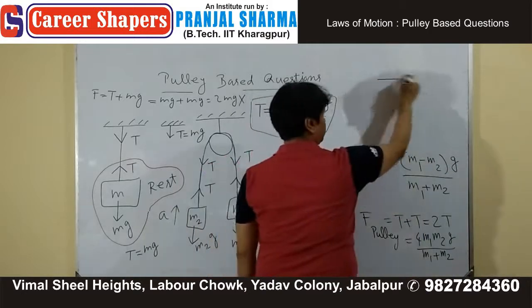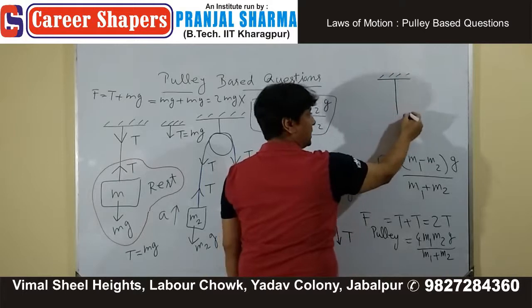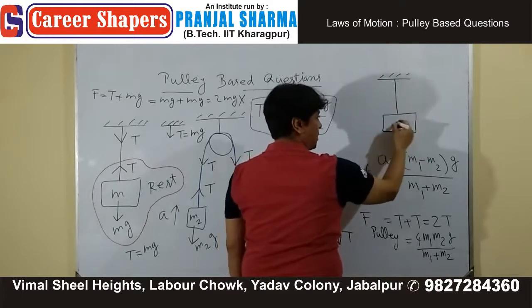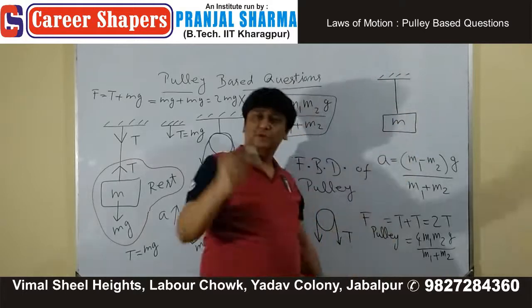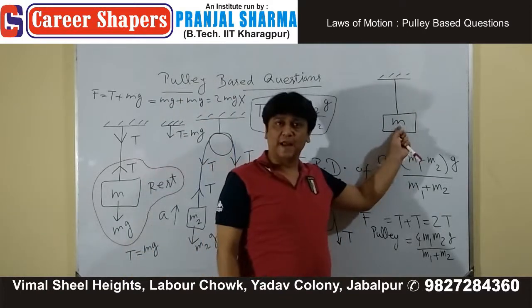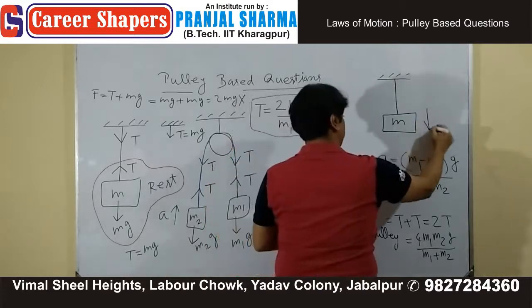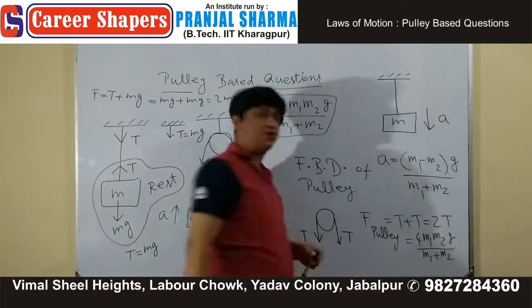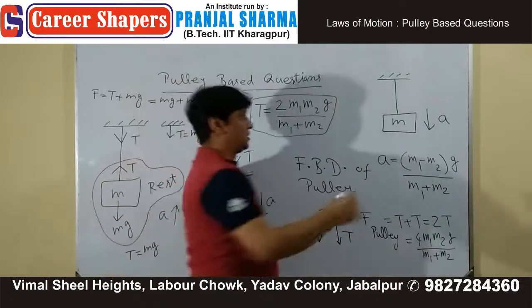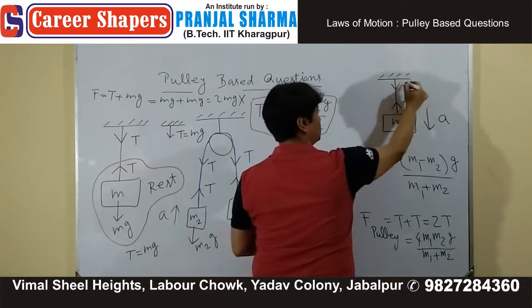Look here. Imagine this. This is the rope connected to this block, and this time what we did, we found that this M is slipping down. If it is slipping down, let's say with an acceleration A, what is tension force?